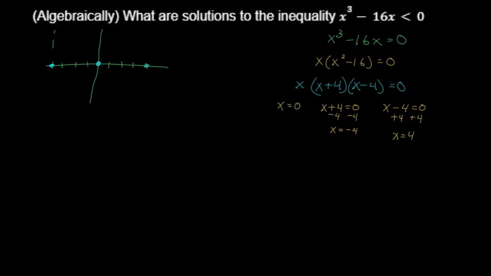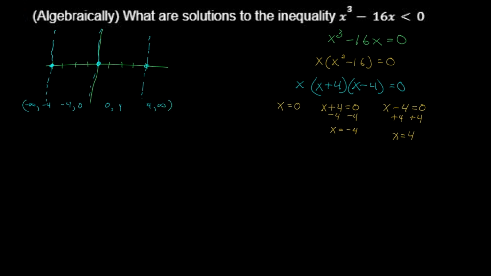And those x-intercepts still divide my graph or my function into 4 different regions. Negative infinity until negative 4, negative 4 to 0, 0 to 4, and then 4 to infinity.